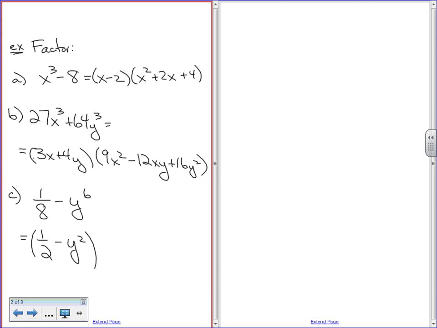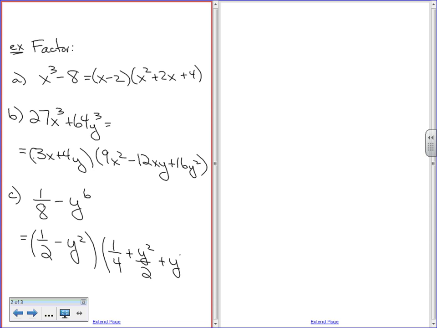So now what I need to do is square the first term. 1/2 times 1/2 is 1/4. Multiply the two terms together and change the sign. So it becomes plus y squared over 2, and then square the last term.